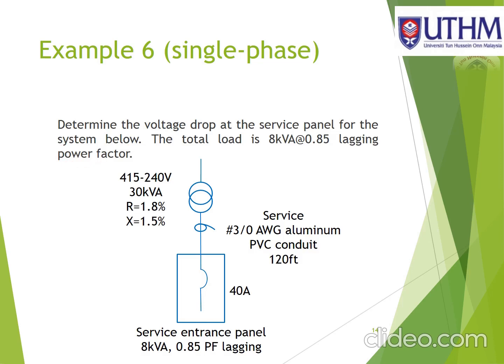For this system, we can see here the transformer, and this is the value of the transformer. It connects to the service entrance panel with 3/0 AWG aluminium cable in PVC conduit, 120 feet long. This is the cable connected to the service entrance panel, which has a load of 8 kVA, 0.85 power factor lagging.